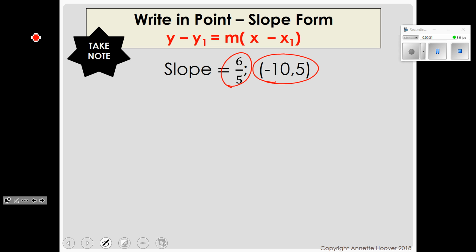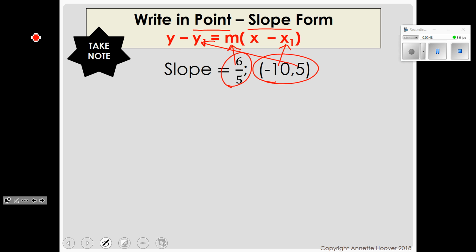And because we have both of these, we can put it into point-slope form where we're just plugging in numbers. We plug in the slope to the m, we put the opposite of the x here, and the opposite of the y here. We did this in the previous lesson, just as review.